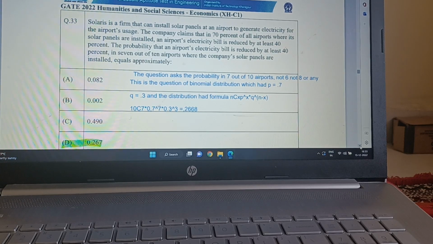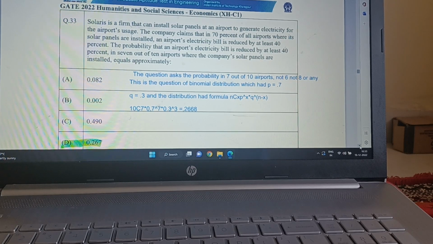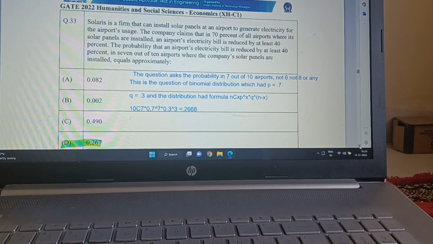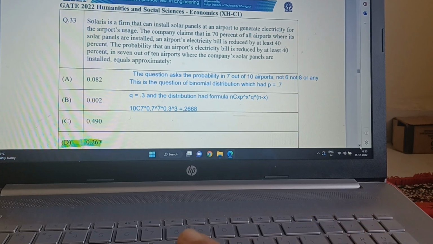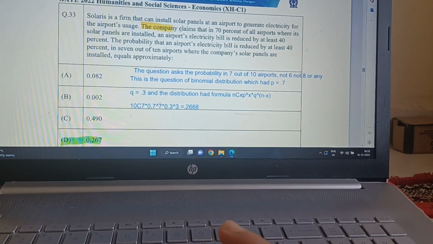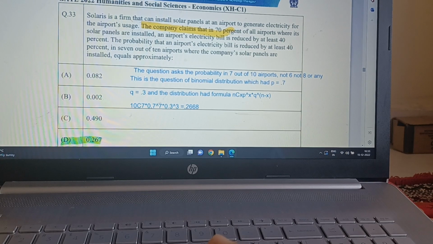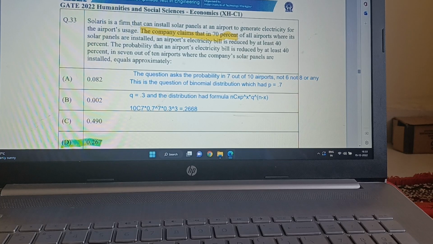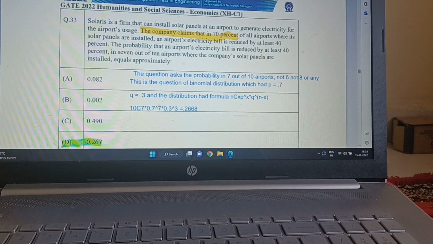Okay, so this is a very difficult question, and actually not a probability question, but a probability distribution question. So I am reading it again, the important parts. The company claims that in 70% of all airports where its solar panels are installed, an airport's electricity bill is reduced by at least 40%. So 70% of the time its system reduces the electricity bill by 40%.